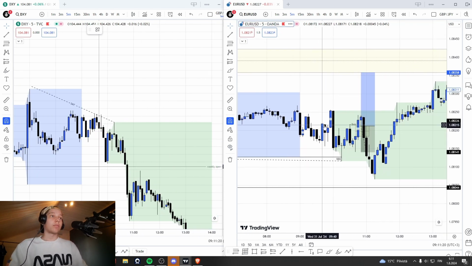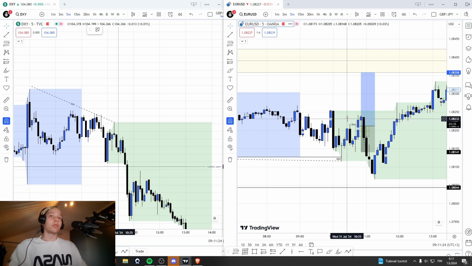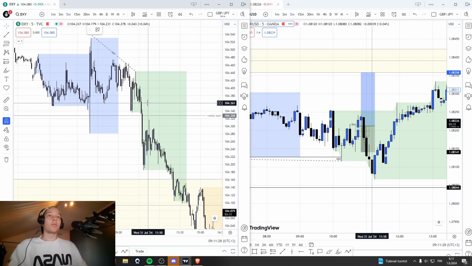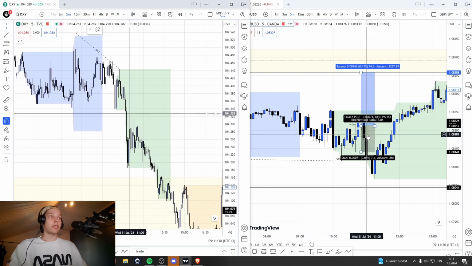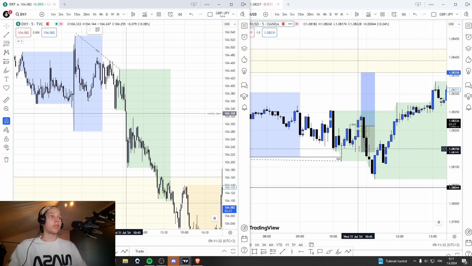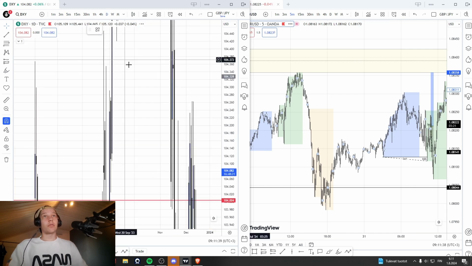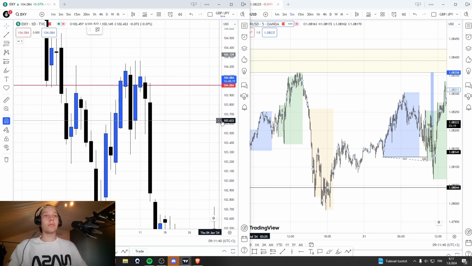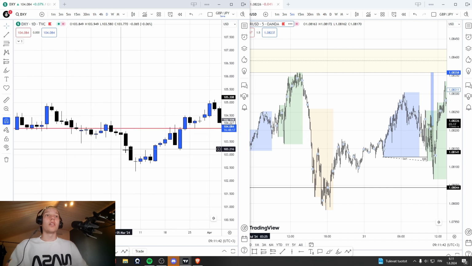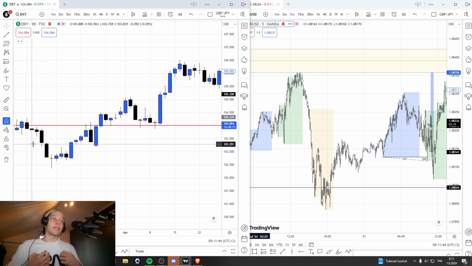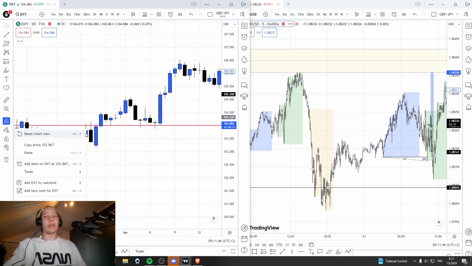But yeah, you can see how DXY moved to the downside and EU moved to the downside as well. So they were not really lining up, and when I looked at the DXY, I wanted DXY to have some nice sell side target because EU has very nice buy side targets.